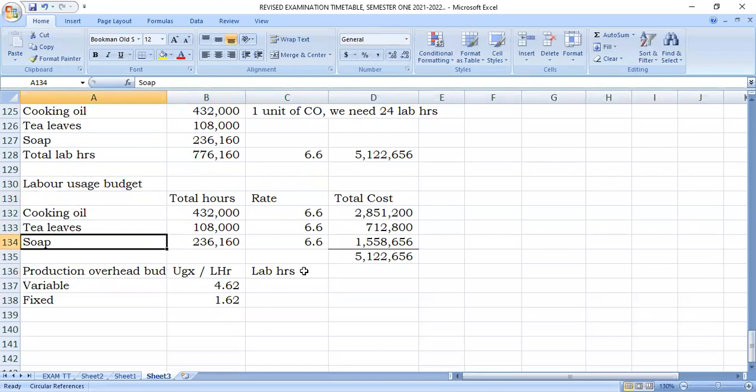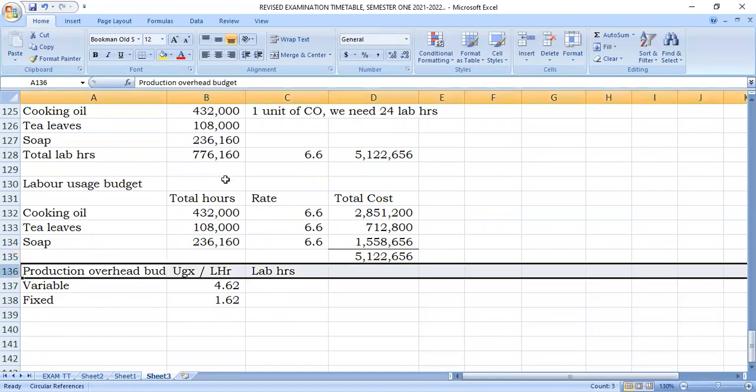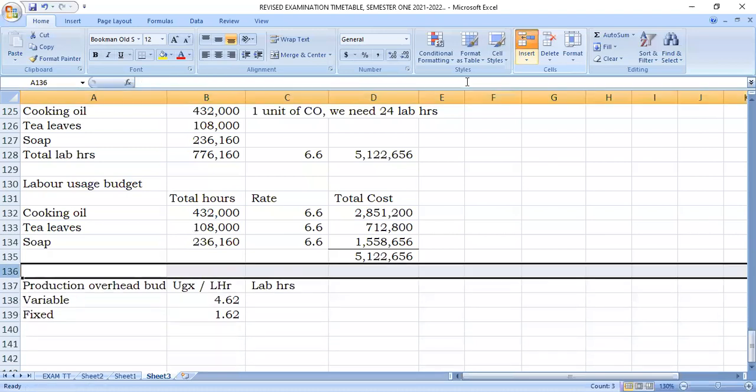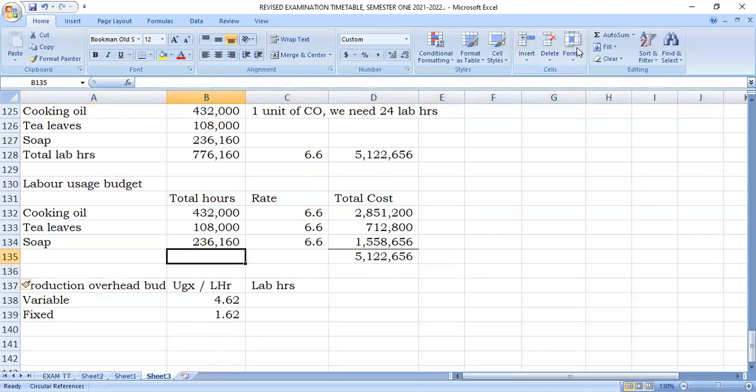These labor hours come from the labor usage bit. So you can just bring the total. I forgot to get the column for total here. It is per hour, so don't bring shillings there. So the hours were these that we spent.